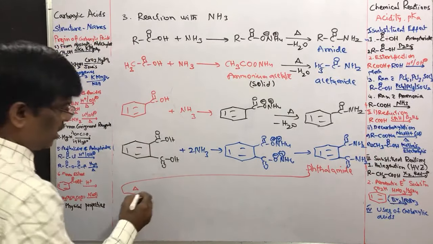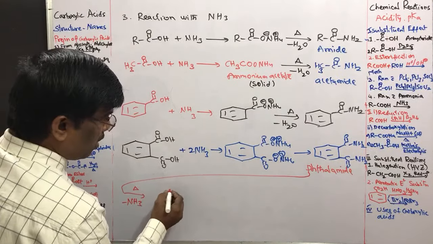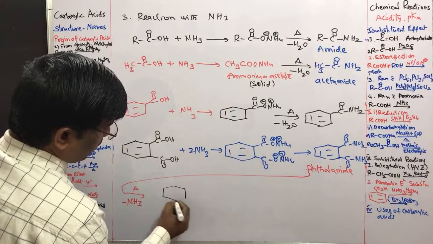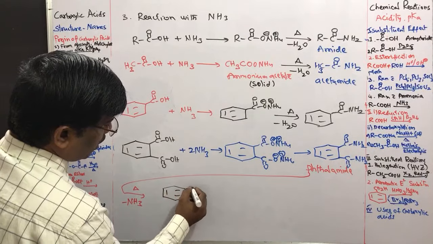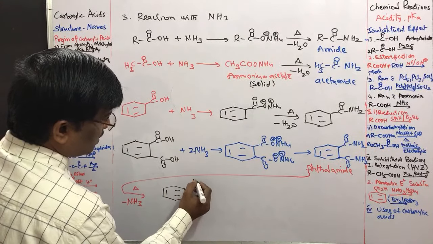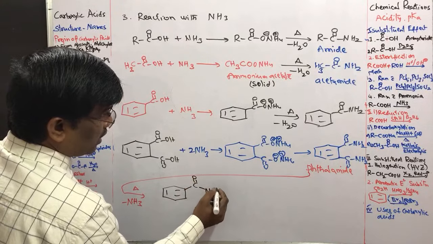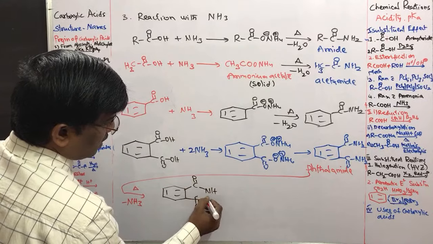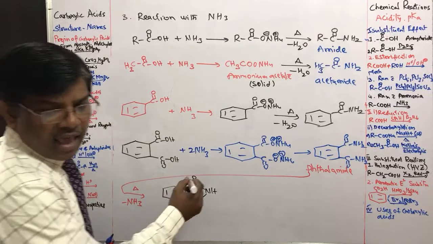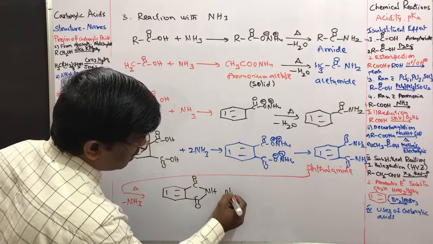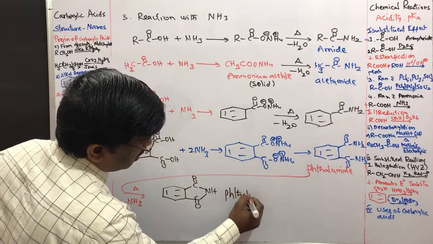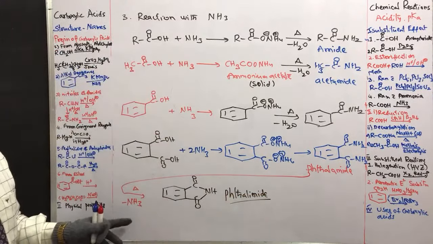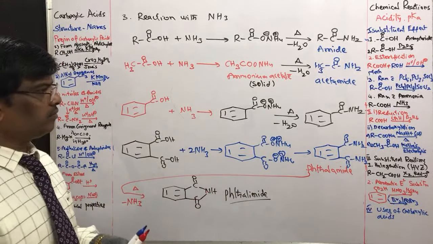At high temperature it loses ammonia to get phthalimide. This phthalimide plays a very important role in Gabriel amino acid synthesis. During that name reaction I am going to explain its importance. Write down the spelling. Phthalimide. Yes, students, so phthalimide you are going to get.